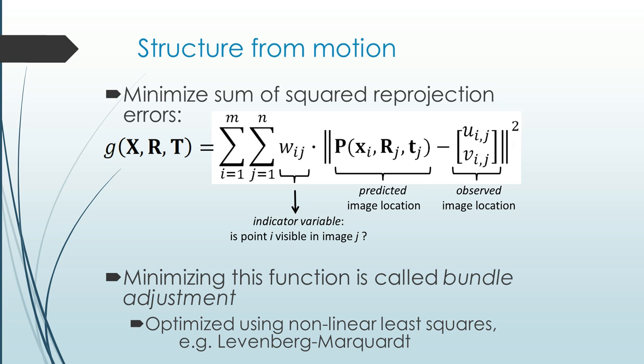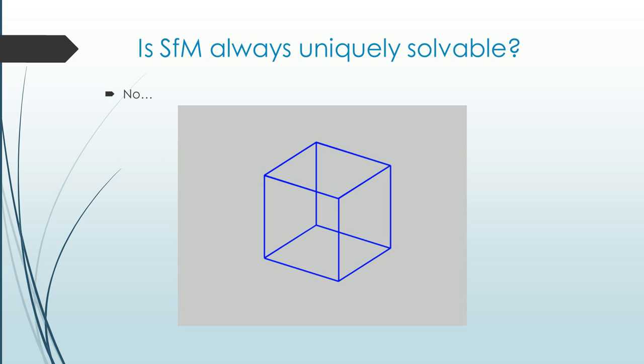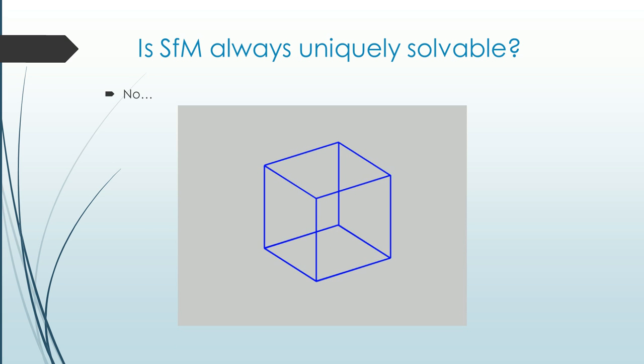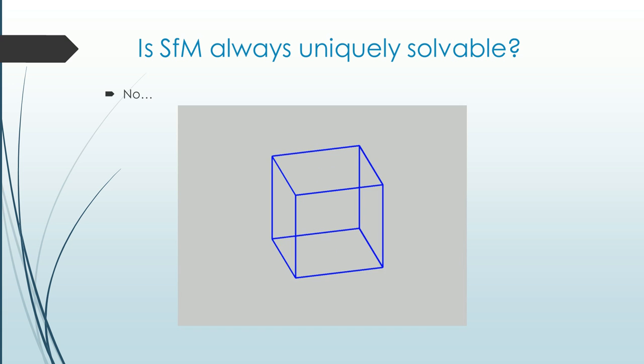We're not going to go into the actual details of all the mathematics, because we're trying to learn the actual concepts of what is going on, and then we want to apply it to real applications. Now, is this structure from motion always unique and solvable?